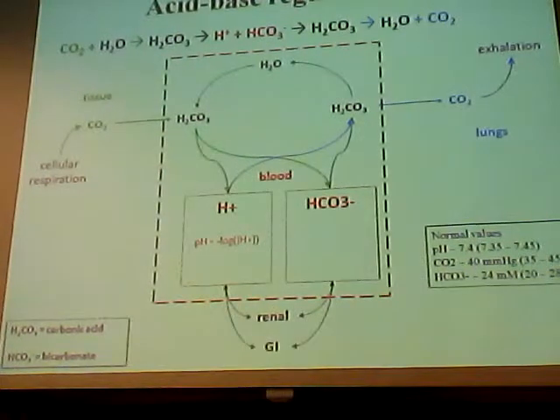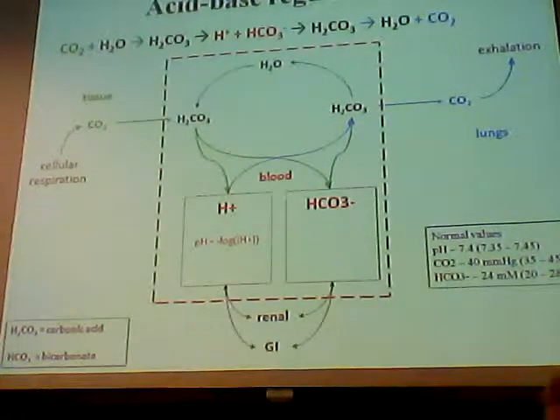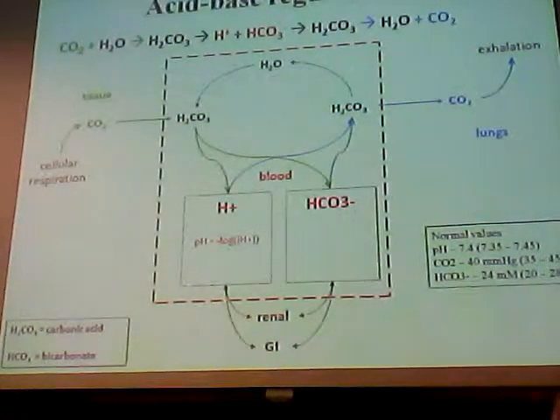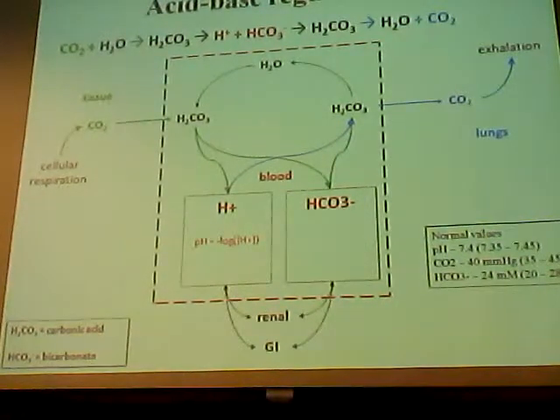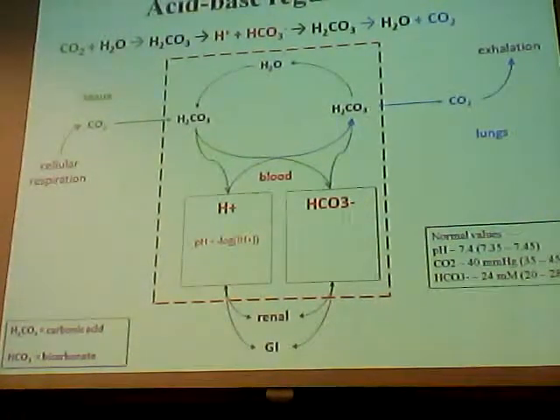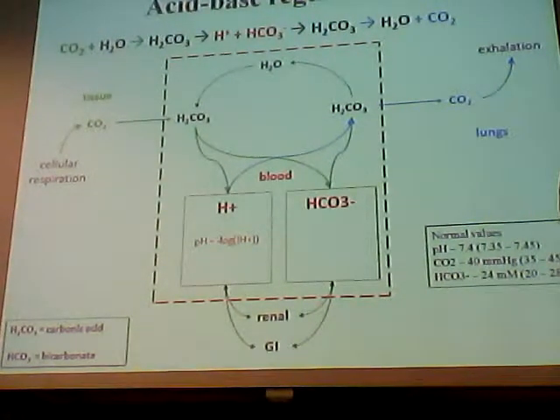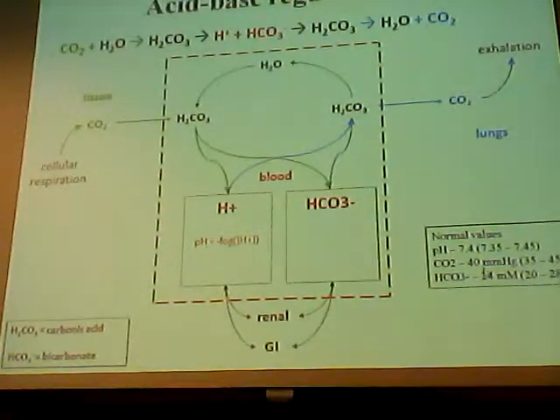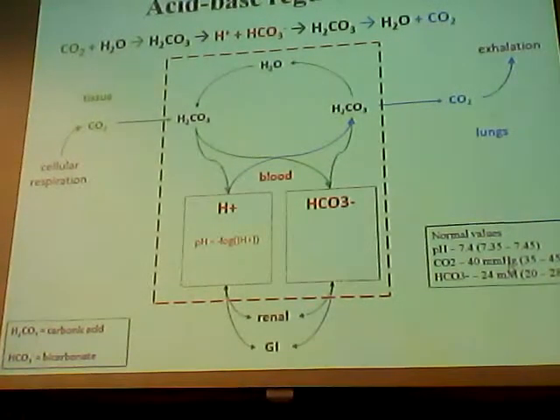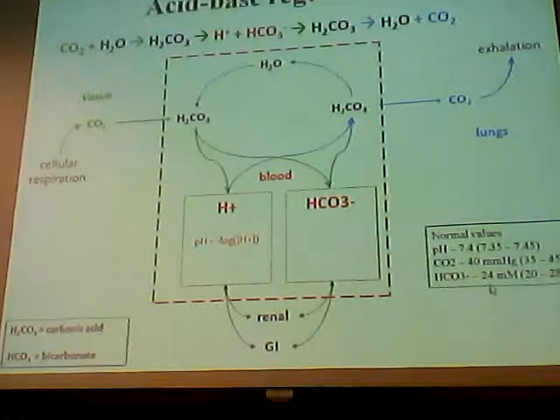Acid-base is a really important concept to get. You'll get at least 2 or 3 questions on this. The whole idea of acid-base regulation is to know your normal values. So pH is 7.4, CO2 is 40 millimeters of mercury, and the bicarbonate is 24.